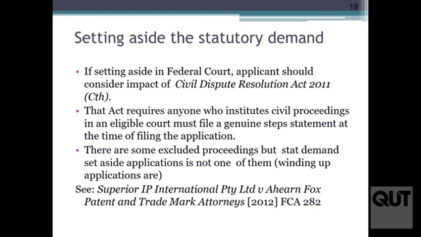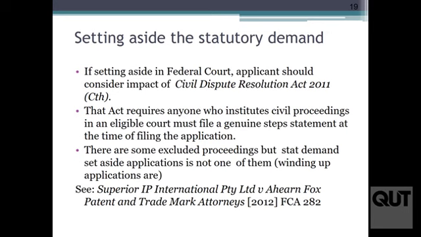Now, if you're the company and you're applying to set aside the demand in the Federal Court, there is the Civil Dispute Resolution Act, and this act requires that anyone who institutes civil proceedings in the Federal Court must file a genuine steps statement at the time of filing the application. So this is a statement that states that you genuinely tried to settle the matter before coming to court.